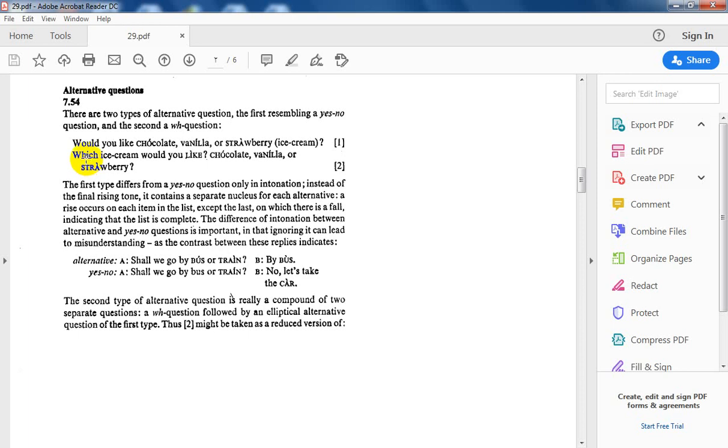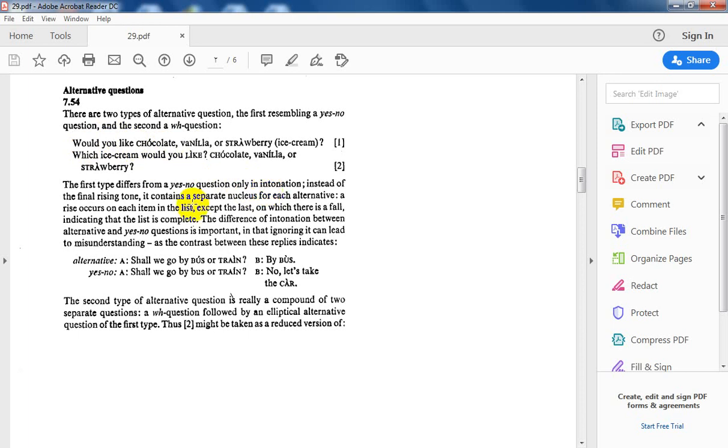The first type is an alternative question, but it starts with an auxiliary, so it resembles the yes/no question. But what is the difference between the normal yes/no question and this type of alternative question? The main difference is the intonation. A yes/no question takes a final rising tone.